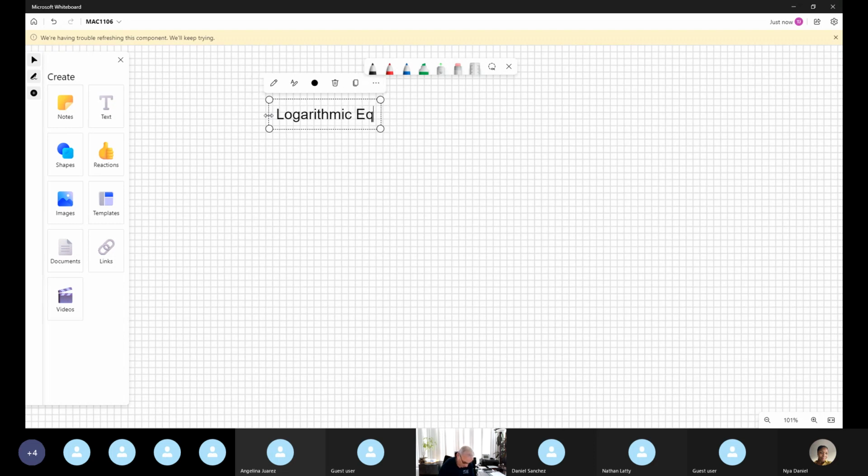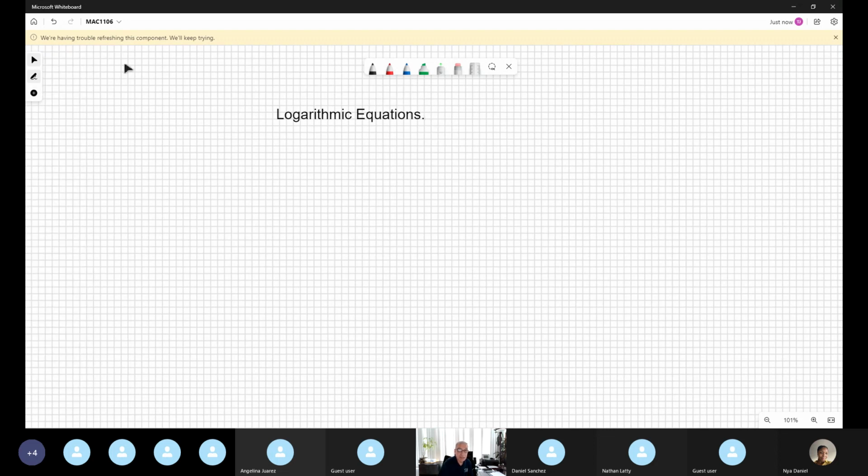It's similar, not exactly, but these are equations that contain logarithms, of course. Exponential is just exponential. Logarithmic is when you have at least one logarithm. Okay. This is the new topic. Important. Logarithmic equations.